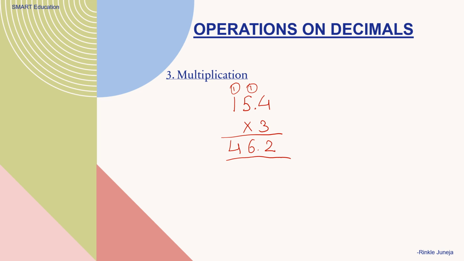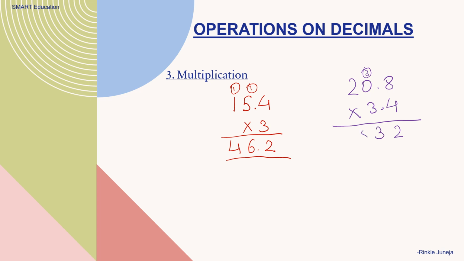Now, there is a special case. For example, if we have 20.8 multiplied by 3.4. Now, both the numbers have decimal points. So first we'll multiply them naturally, like we did for natural numbers, without the decimal point. So 4 8s are 32. So 2 and 3 carry over. 4 zeros are 0 and plus 3 is 3.